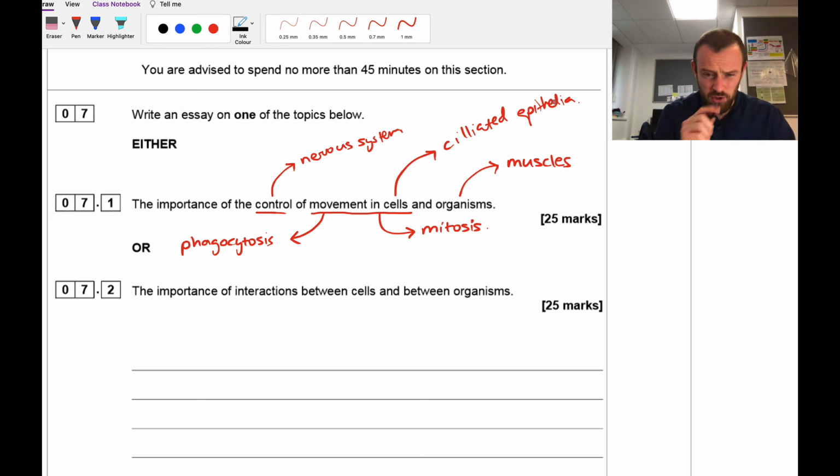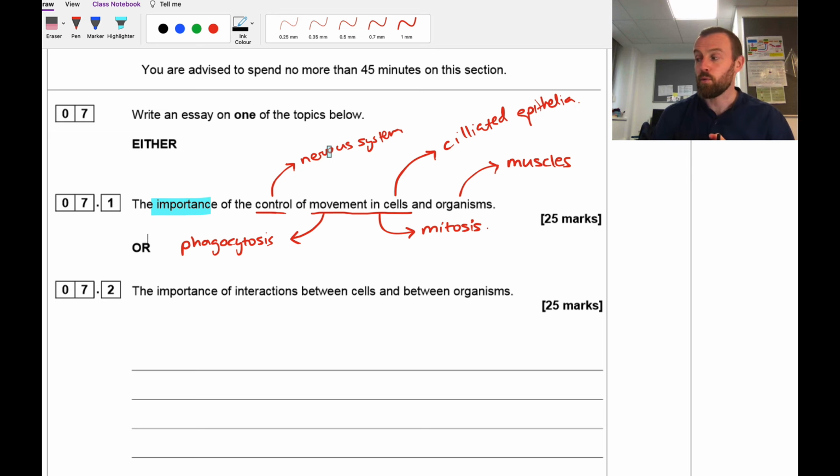You should probably also think about how you can sell the importance of each thing. So why are each of these things important? The nervous system: the importance of sending an electrical impulse to the right spot at the right time so that only one muscle is moved to generate the right response.